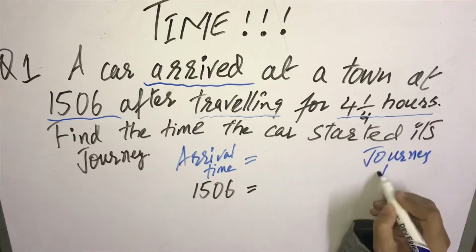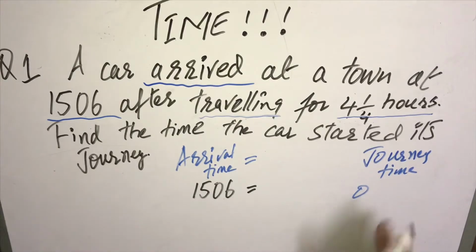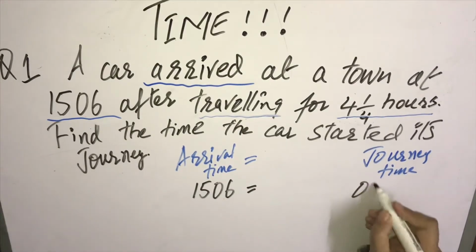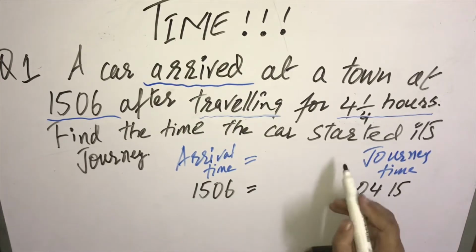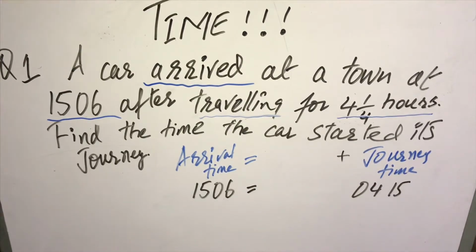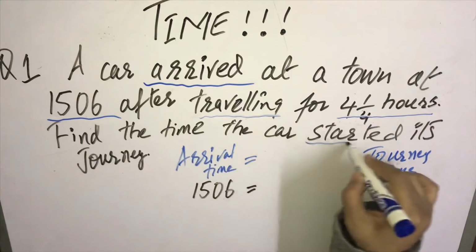Journey time is 4 hours. 1 by 4 hour is a quarter of an hour, that is 15 minutes, or you can divide 60 by 4, it will be 15. Find the time the car started its journey.